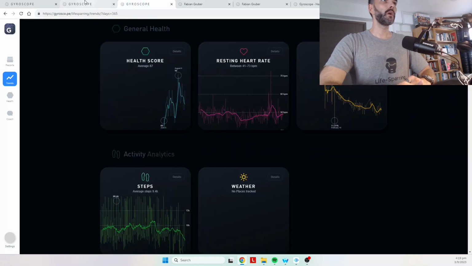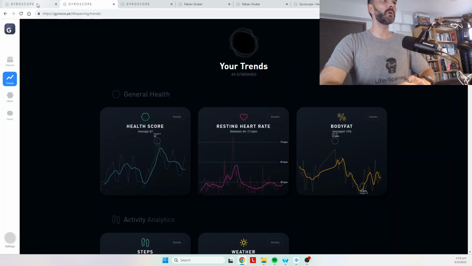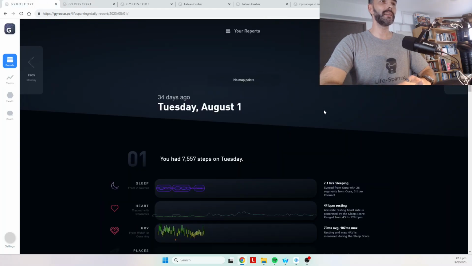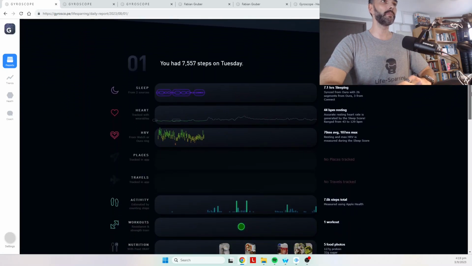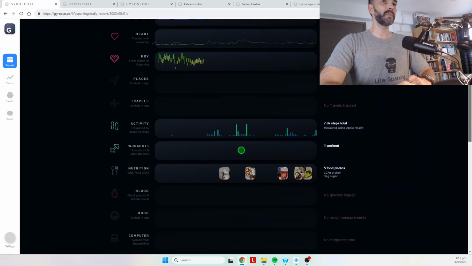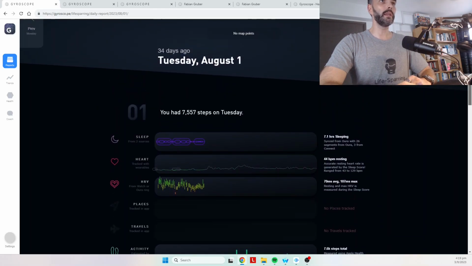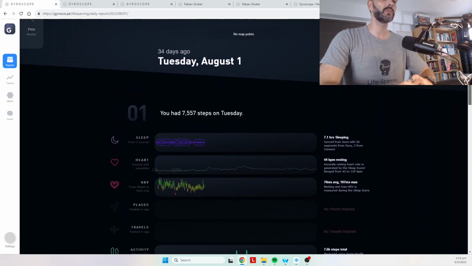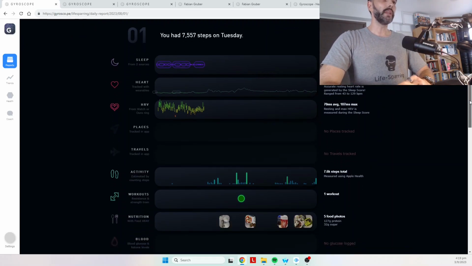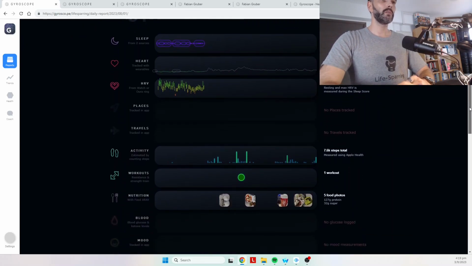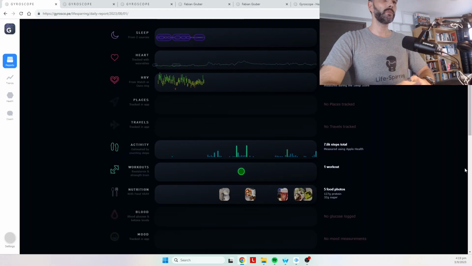So if we now look a little bit more in detail, this is a typical daily report. This was a week where I really used this Food X-ray and took a picture of everything I ate, uploaded it to the app, and let the app analyze it.